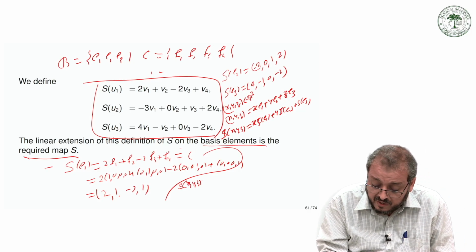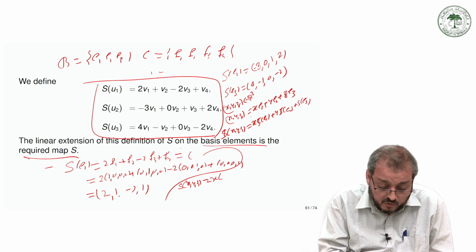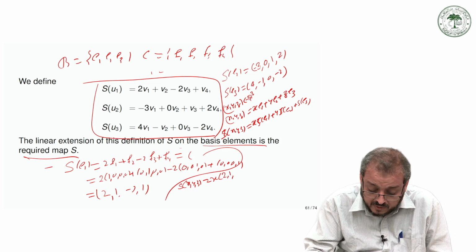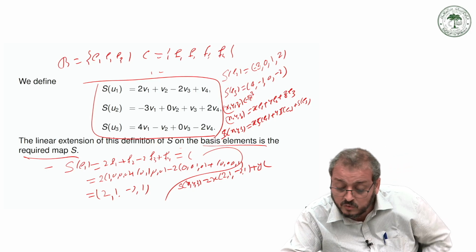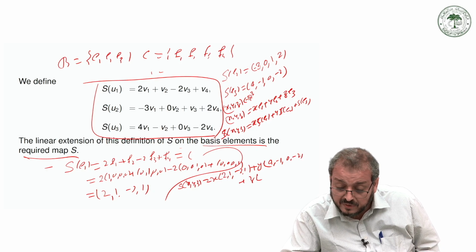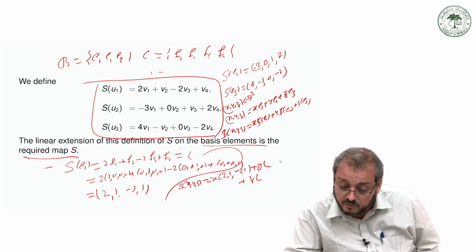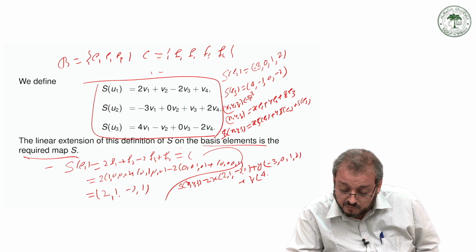So S of (x, y, z) is equal to x times S of e1, which is (2, 1, -2, 1), plus y times S of e2, which is (-3, 0, 1, 2), sorry, I had e2 wrong before, plus z times S of e3, which is (4, -1, 0, -2).